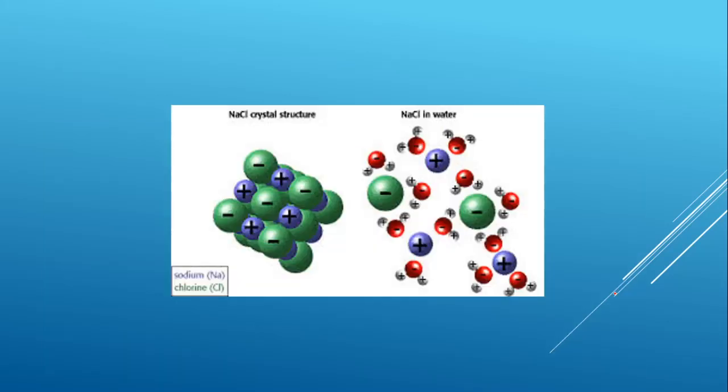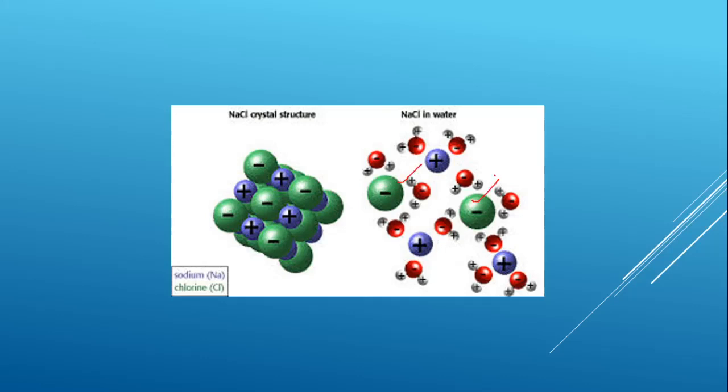If we talk about the crystalline structure of NaCl related to dissociation, we can see it over here. The negatively charged green colored ball is chlorine, and the positively charged blue ball is sodium. When it is dissolved in water, what happens to them? They get dispersed. We can see right now over here, they have dispersed.